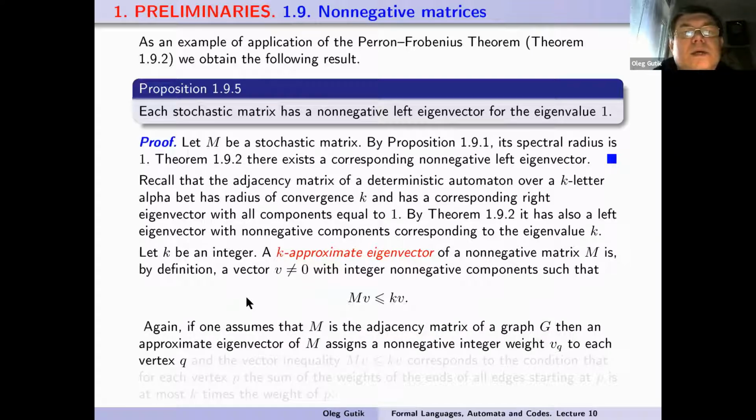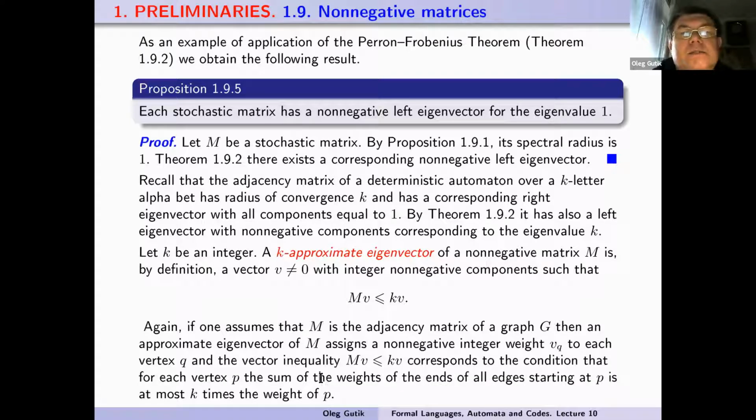Again, if one assumes that the matrix M is an adjacency matrix of a graph G, then an approximate eigenvector of M assigns to each vertex Q a non-negative integer V_Q.